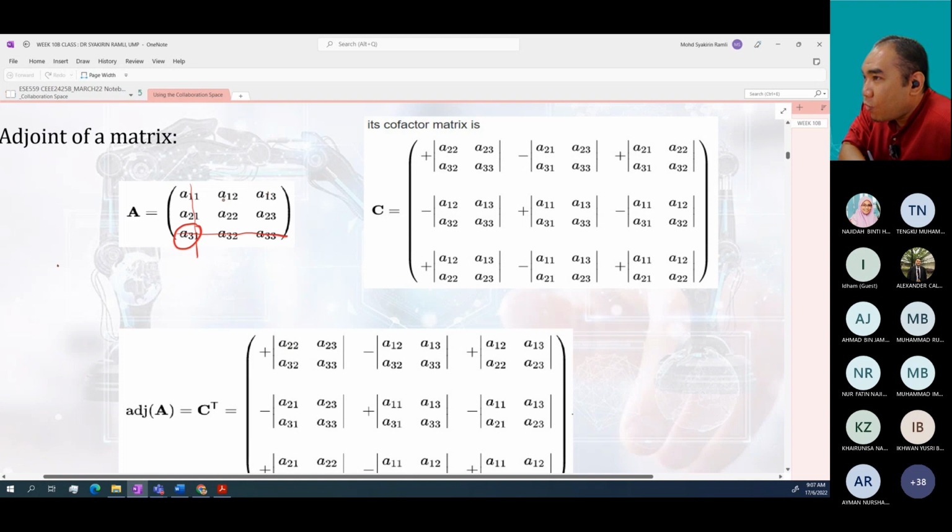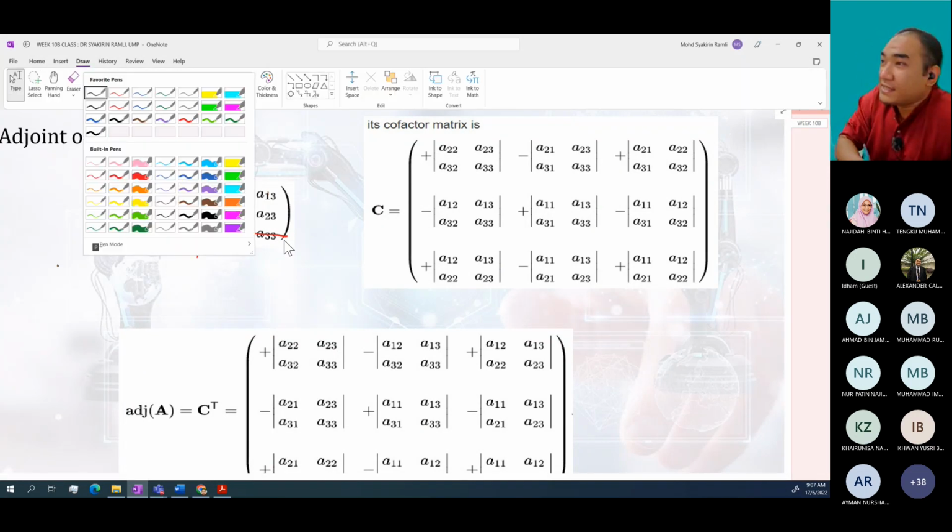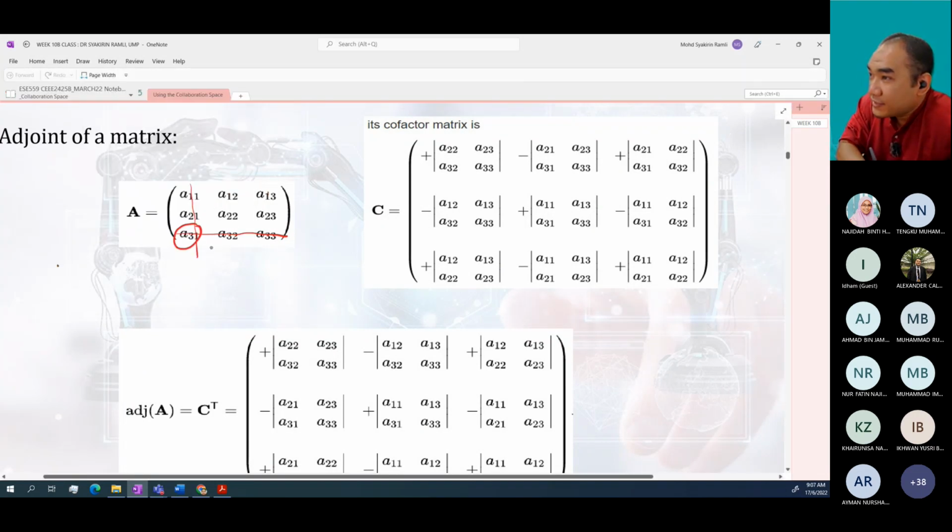So we got A12, A13, A22 dan juga A23, and we compute the determinant for this particular matrix. Untuk sel yang ini, kita dapatkan determinant of A12, A13, A22 dan juga A23.